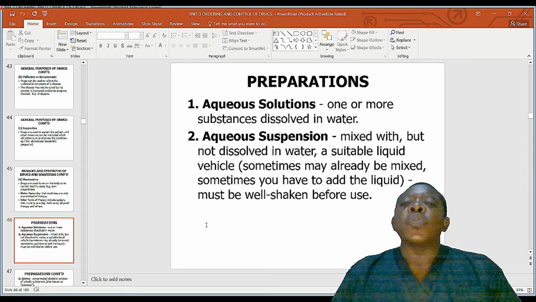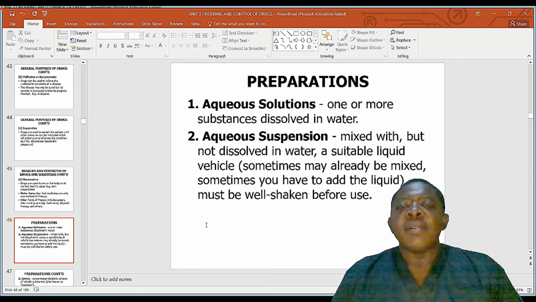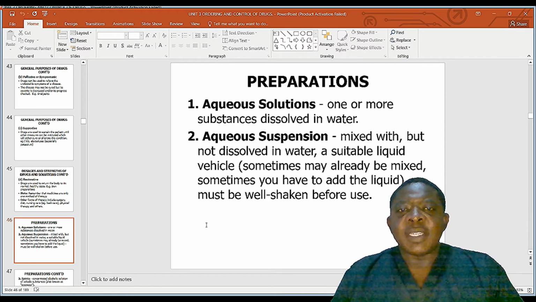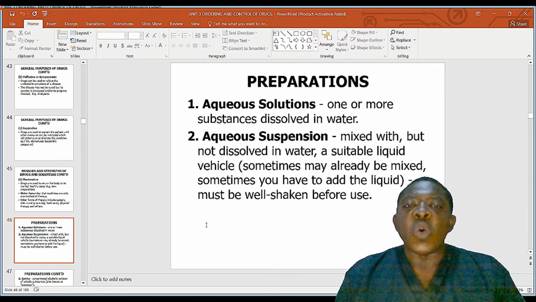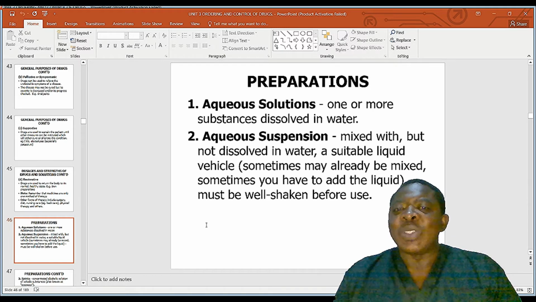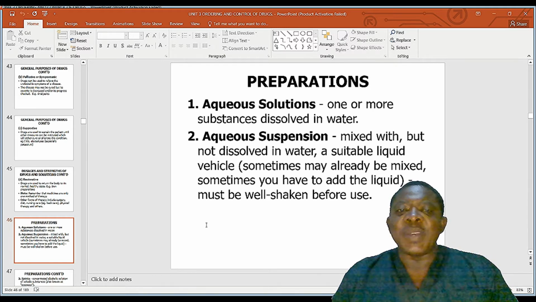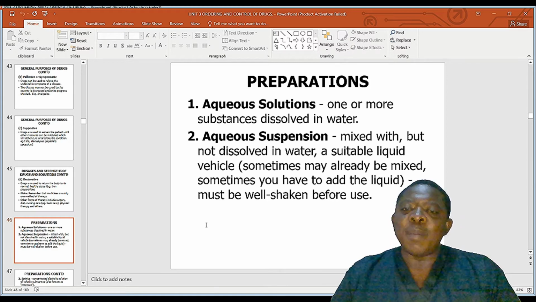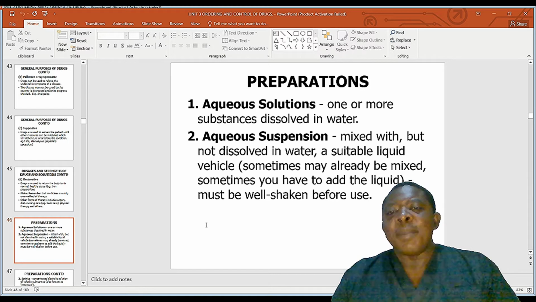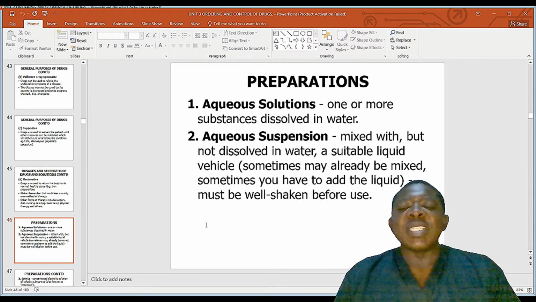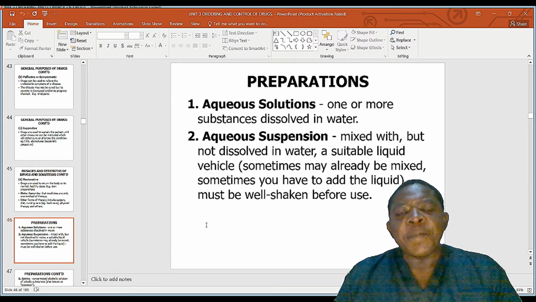Then aqueous suspension. When you talk of aqueous suspension, that is mixed with but not dissolved in water. So a suitable liquid vehicle sometimes may already be mixed. Sometimes you have to add the liquid. It must be well shaken before you take it. When it's a suspension, that's when it mixes when you shake.